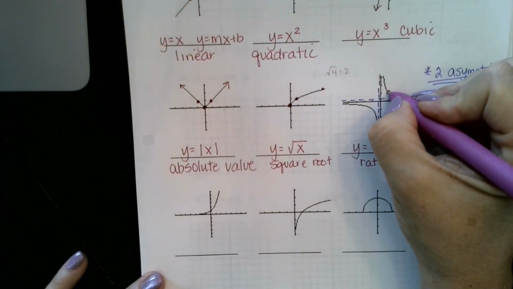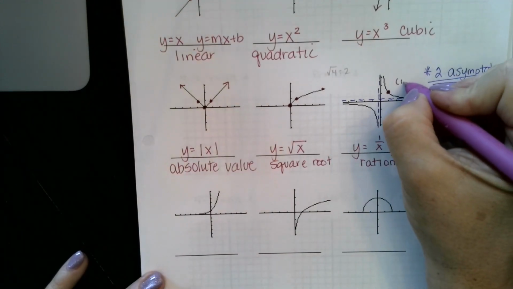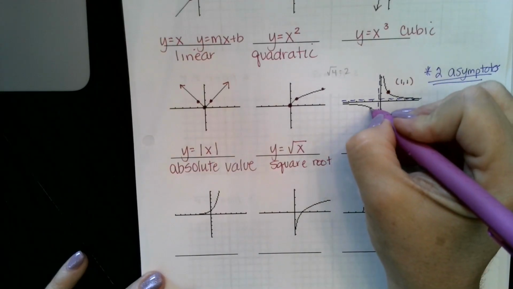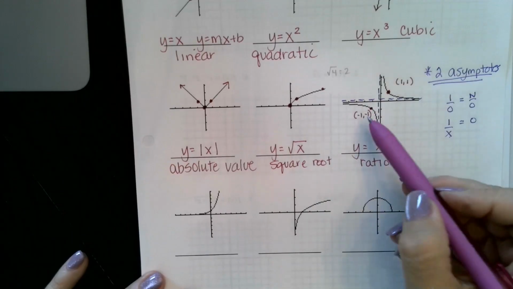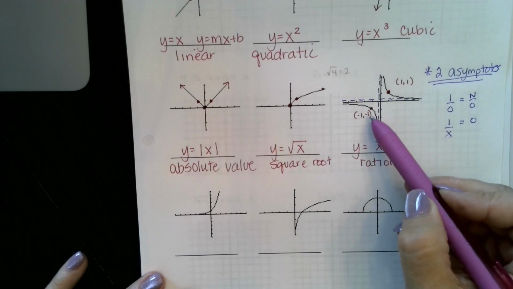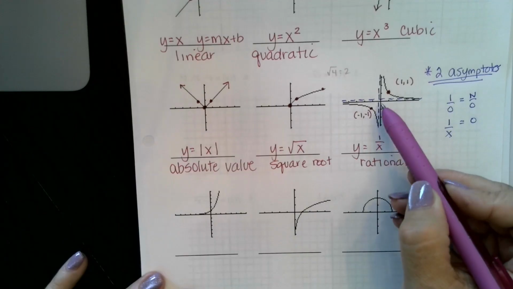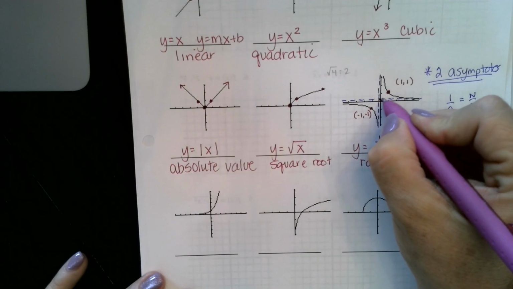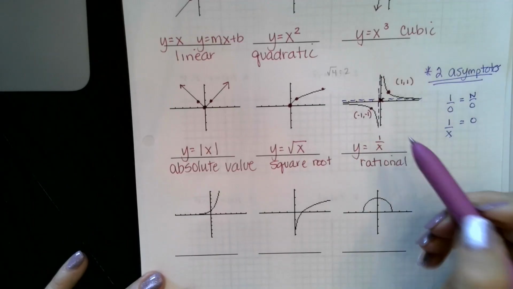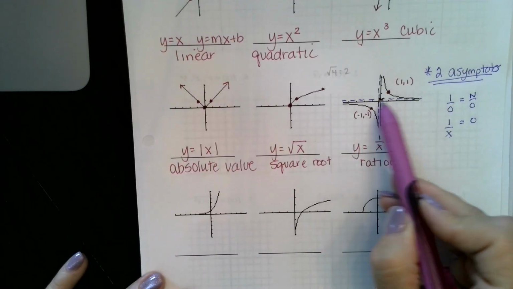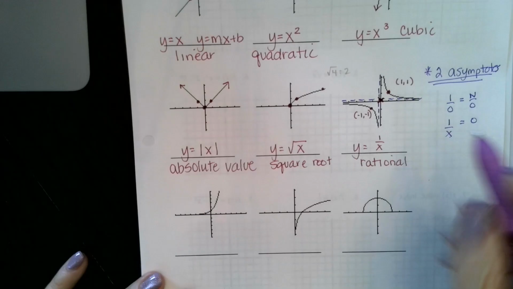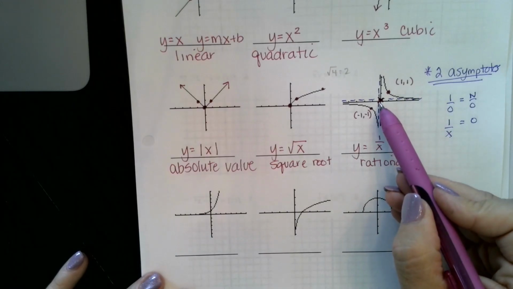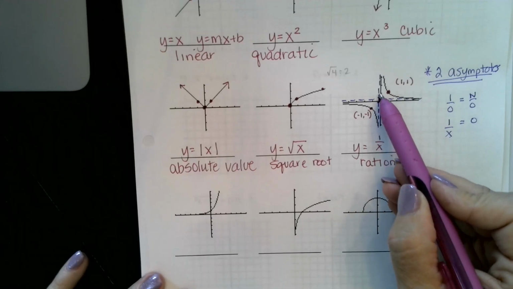Okay? So now we have 2 points here that we care about. We care about this point, and this point is going to be 1, 1. And I care about this point. And this point is going to be -1, -1. Now, the value of those points are going to change based on the asymptotes, but what's important is that from this x, I'm going to put an x right here at the origin, that's where my 2 asymptotes meet. So I don't have a point there, I have a little x, and so from this x, where my 2 asymptotes meet, I'm going to go up 1 over 1.